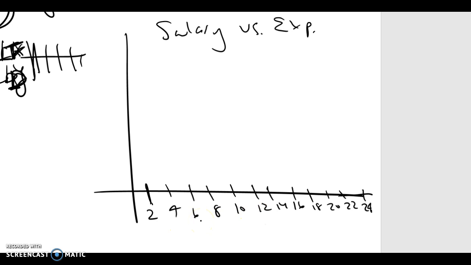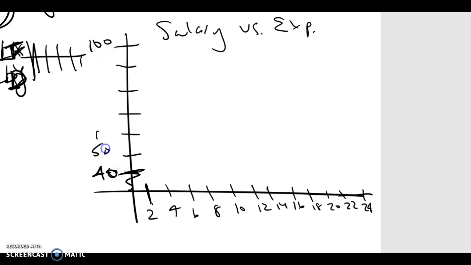All right, and then salaries, it looks like the lowest is about 48,000. So I might go ahead and do a little skip thing here. And I might start at 40. And then 50, 60, 70, 80, 90. Do I have 100,000? Yeah, maybe.